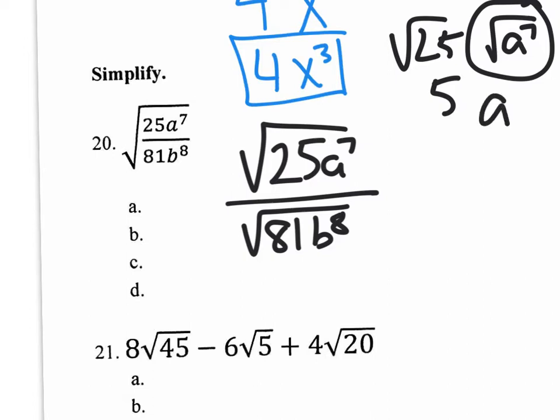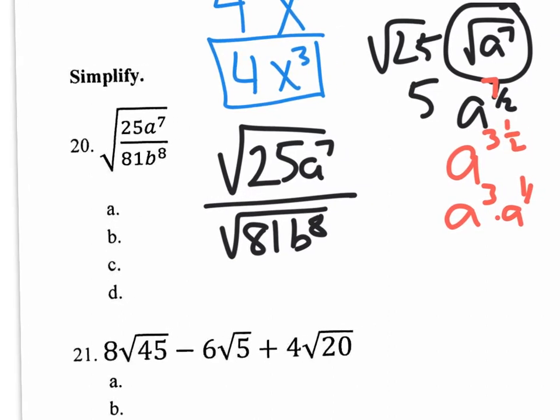That'll be a to the 7 halves, 7 over 2. Now 7 divided by 2 is really a mixed number, a to the power of 3 and 1/2, correct? And a to the power of 3 1/2, you could split that and make it a to the third times a to the half. But of course, a to the half is really the square root of a.